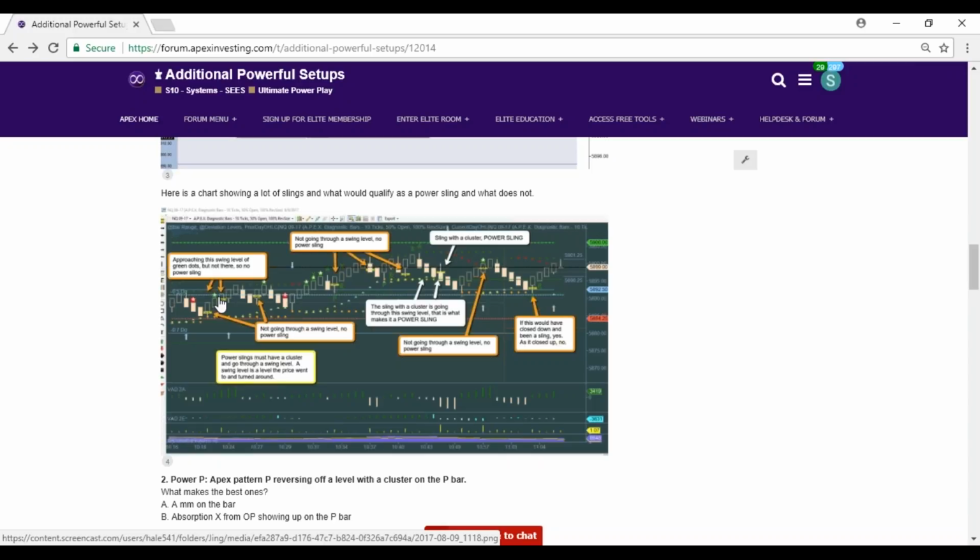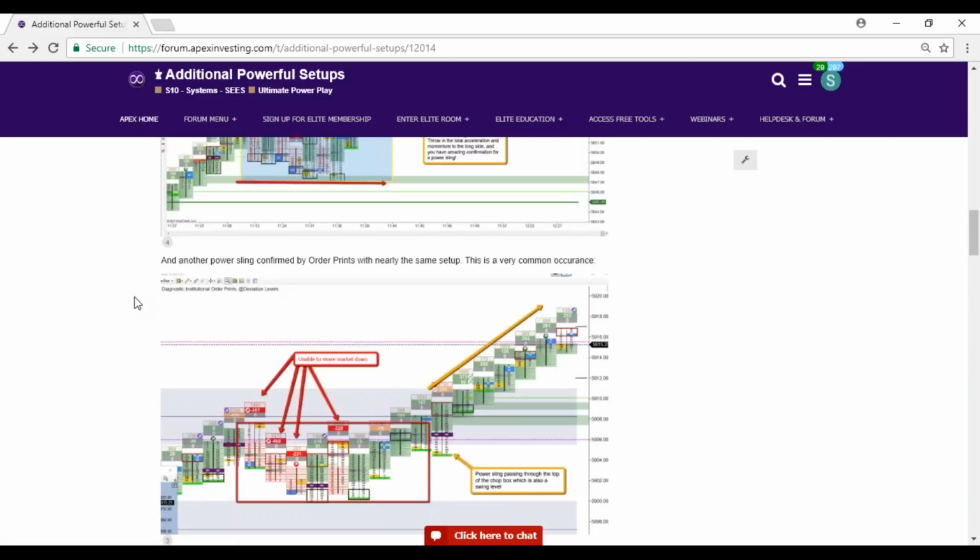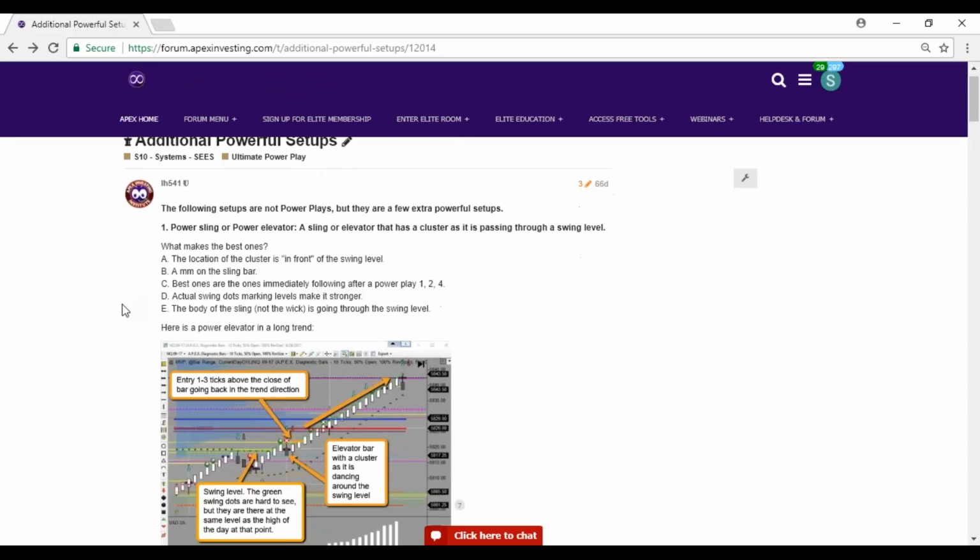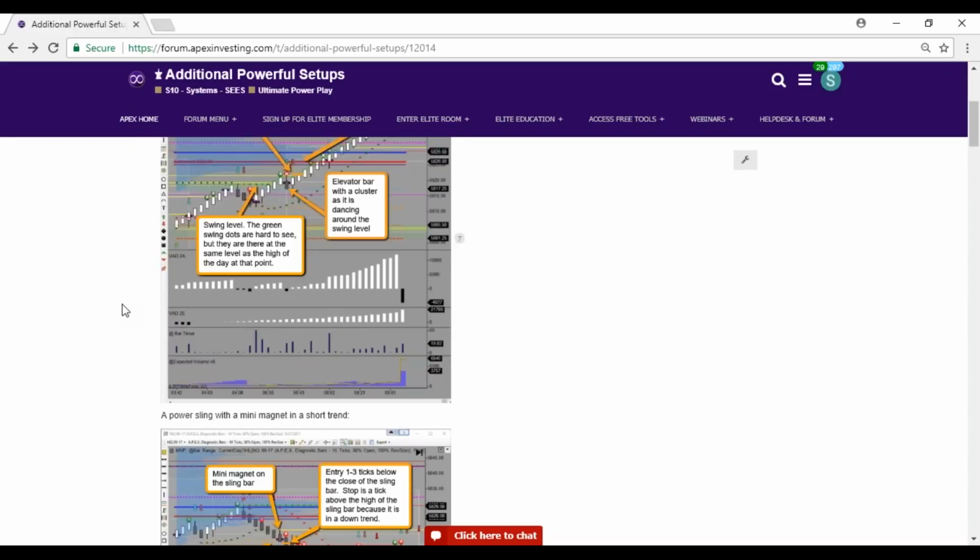Okay, Matt says, which side is considered the front of the level? Which side? Okay, well, first of all, are you talking about for the clusters, Matt? Is that your question there? Which side is considered the front of the level?